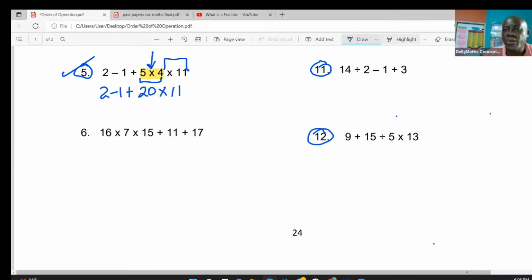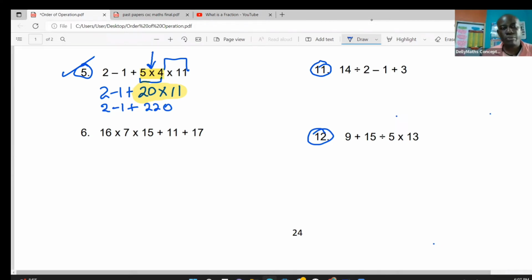I have to deal with my multiplication because multiplication is stronger than subtraction and addition. So we're going to multiply. So what we're going to do is we're going to write back what we're not doing yet. So we're going to write back 2 minus 1. And then we're going to find out what is 20 times 11, 220. This is where we are.